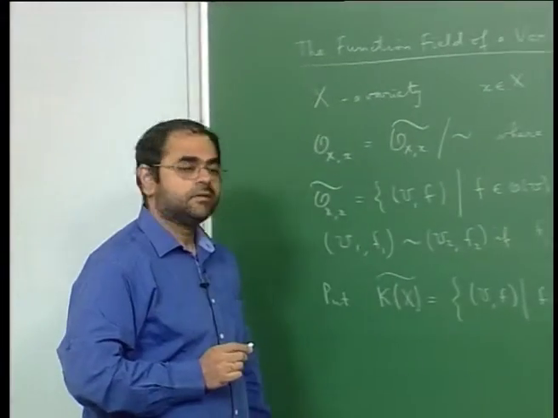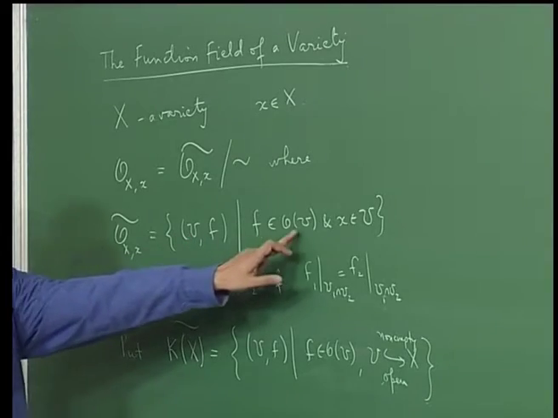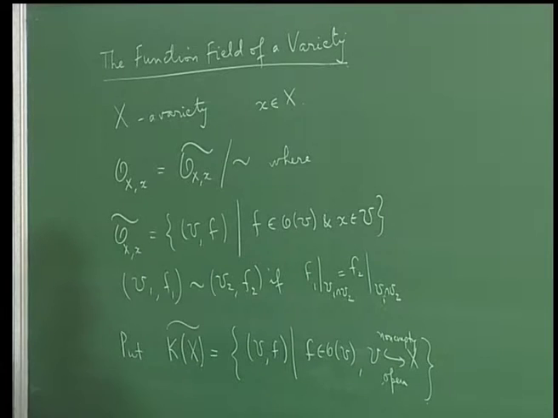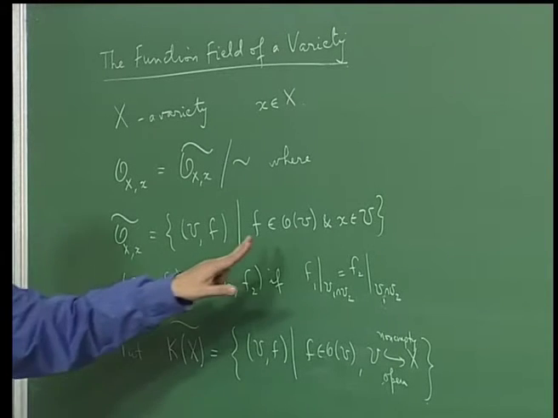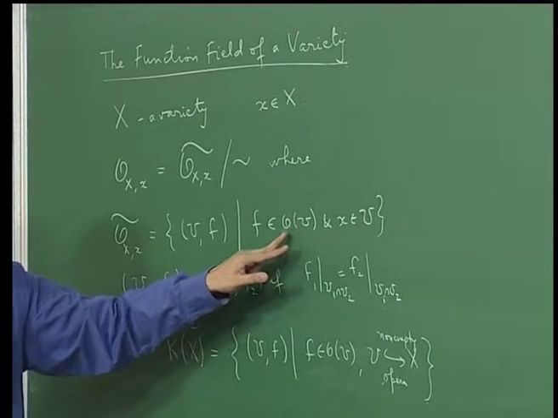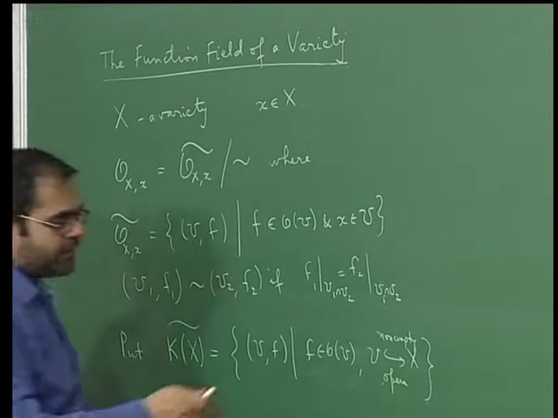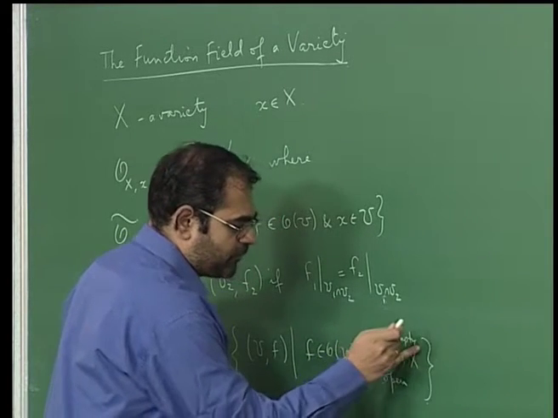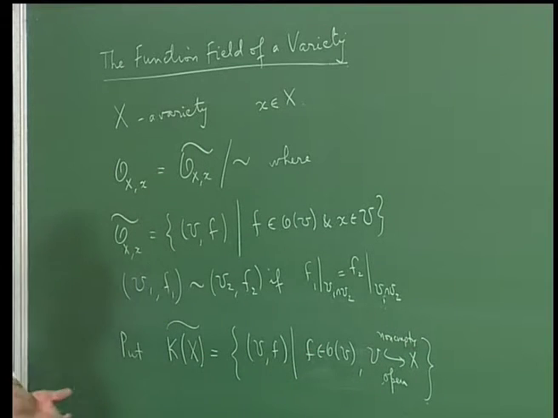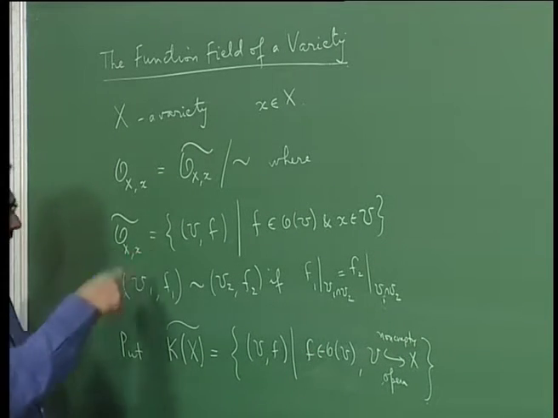Of course here also, whenever I say f belongs to O(U), it is understood that U is an open subset of X. So U is a Zariski open neighborhood. Now what is the difference between this and this?